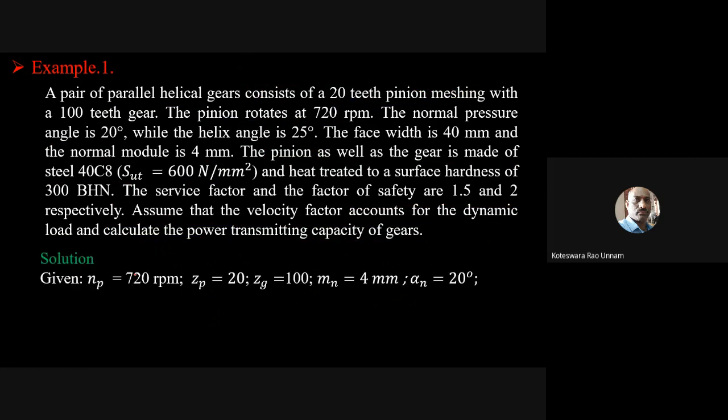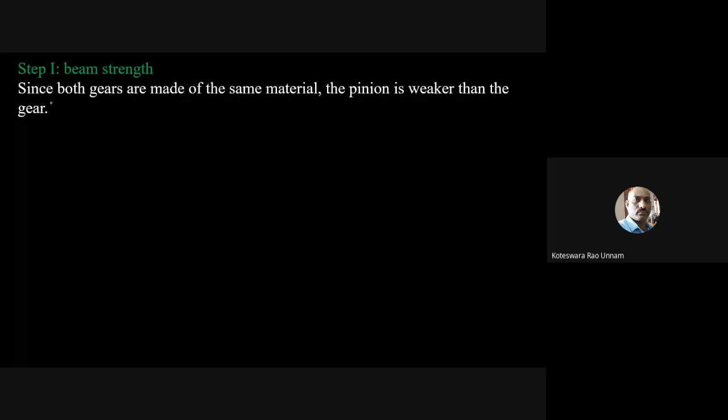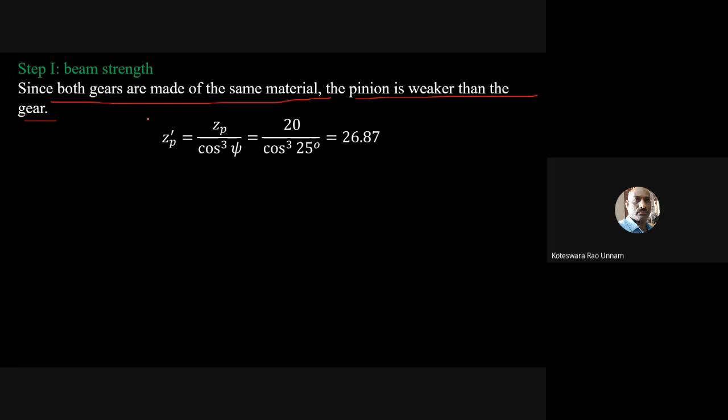So speed of the pinion, number of teeth on pinion, number of teeth on gear, normal module, normal pressure angle, helix angle, face width, SUT, BHN, CS, and FS. This is the given data. Since both gears are made of the same material, the pinion is weaker than the gear, so the design should be based on the pinion.